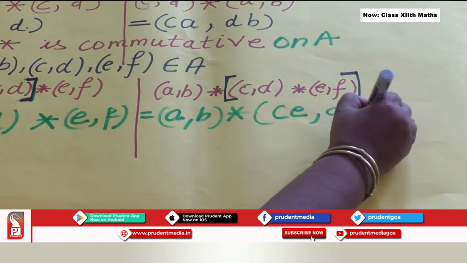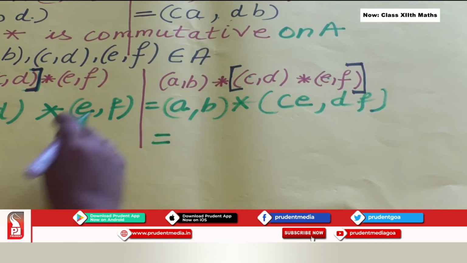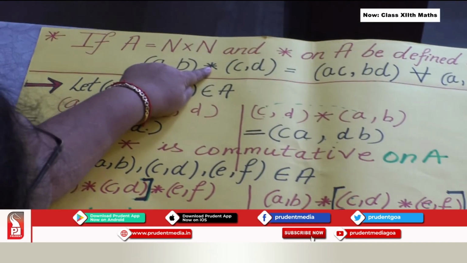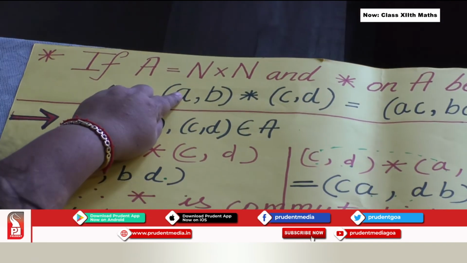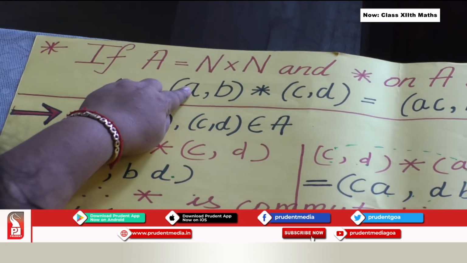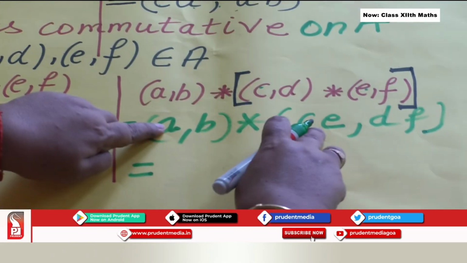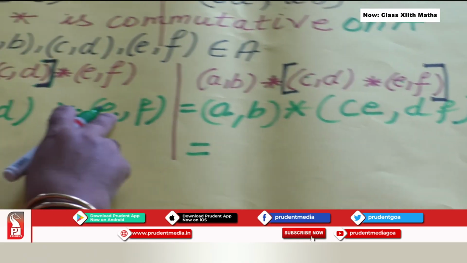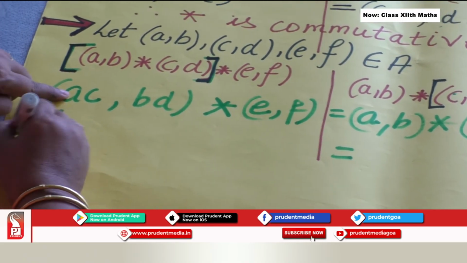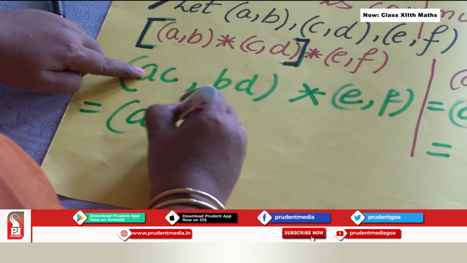Now as per this operation star, you are multiplying the first element in the ordered pair with the first element here. So I have to multiply A with C. Similarly here I have to multiply these two. So I will get ACE.